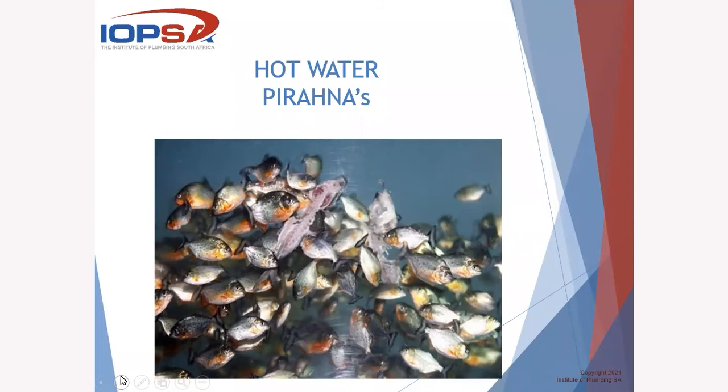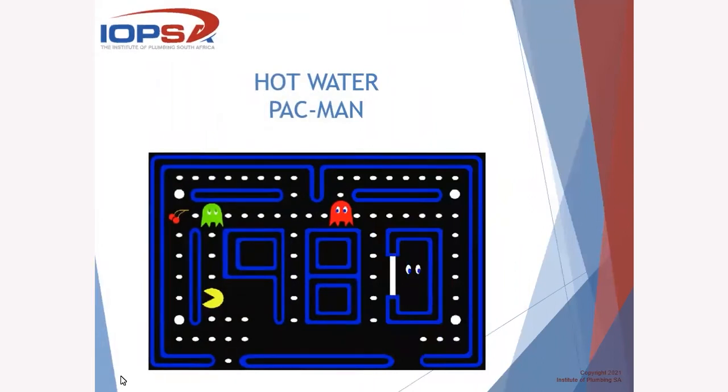replacement. So when water heats up, it becomes corrosive, as I say. So the best way to explain it to them is it heats up, it becomes corrosive, and it wants to eat whatever's in its way. And that is the reason why the sacrificial anode is there. It's to keep it away from the metal cylinder. Another way I also explain it is by referring to it as Pac-Man.